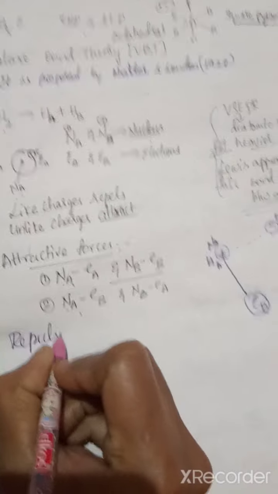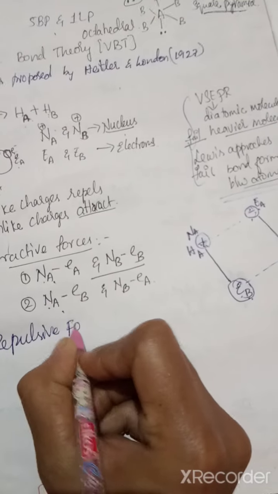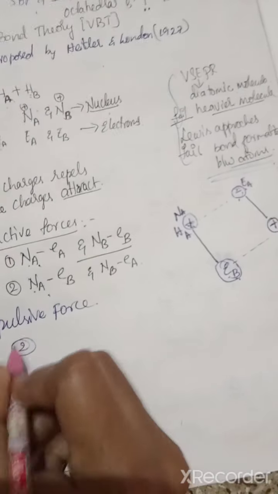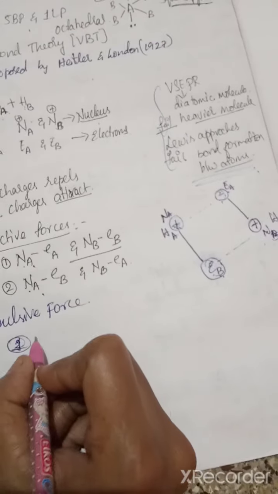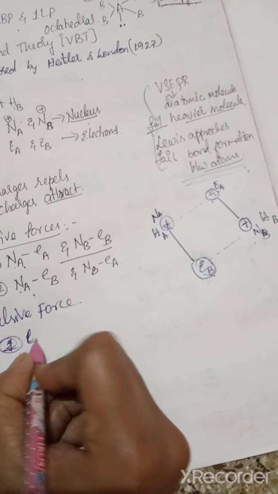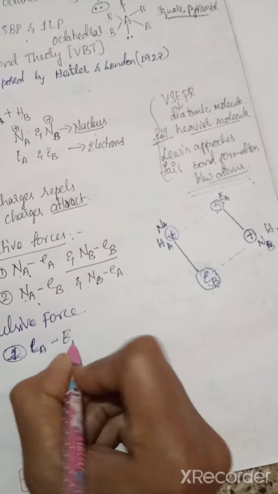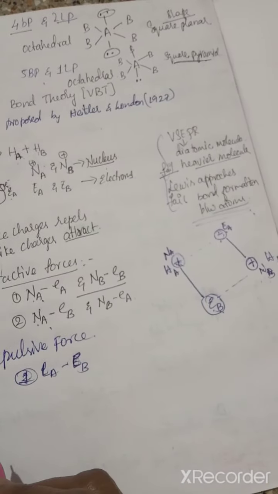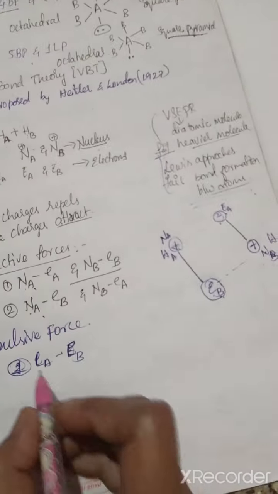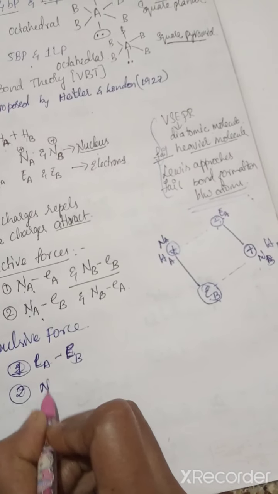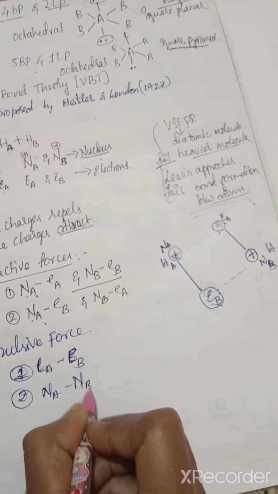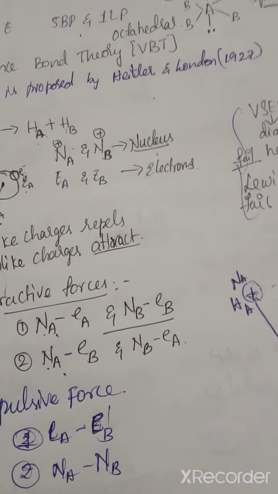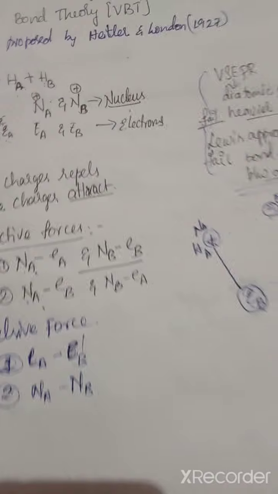I will write the repulsive force. What are the two forms we can see? The first is EaEb, and next we can see the nuclei, NaNb. These are the repulsive force formations. Is it clear? Yes.